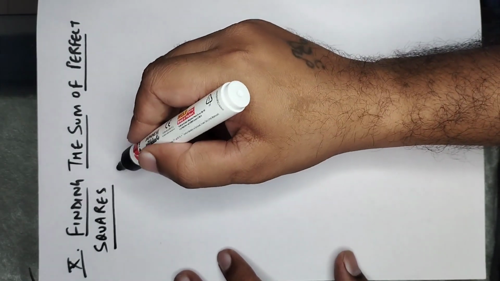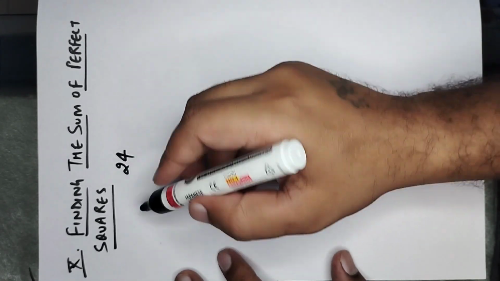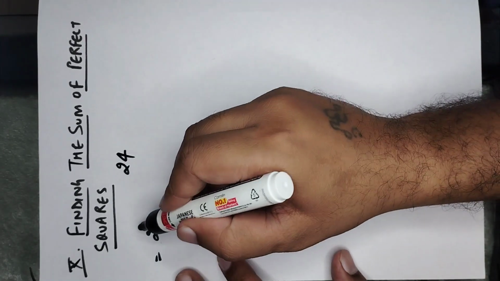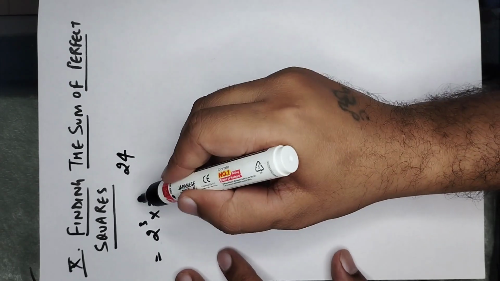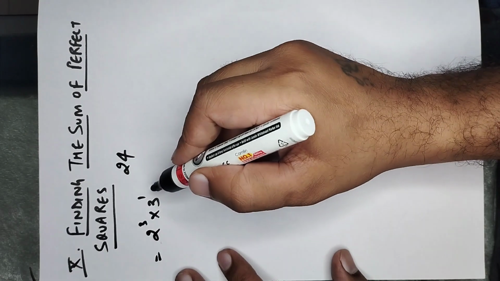Again, I am taking the example of this simple number 24. I can write this one as 2 raised to the power 3 times 3, and now 2 raised to the power 3 can be written as 2 times 2 times 2.